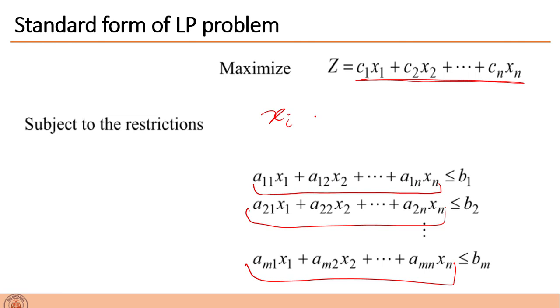So you have xi greater than or equal to 0. That is, x1 should be greater than or equal to 0, x2 should be greater than or equal to 0, and xn should be greater than or equal to 0. None of them is going to give us a negative value.